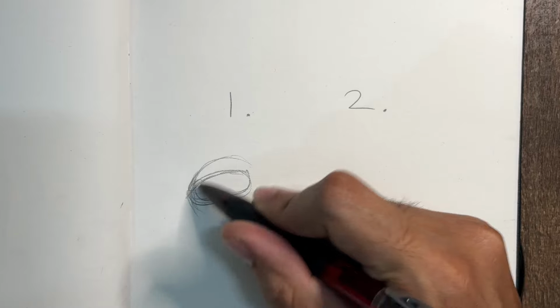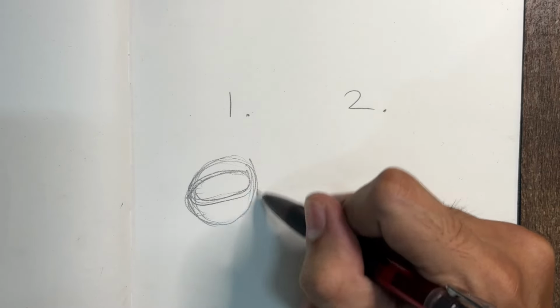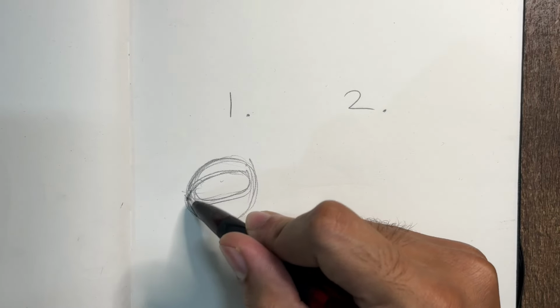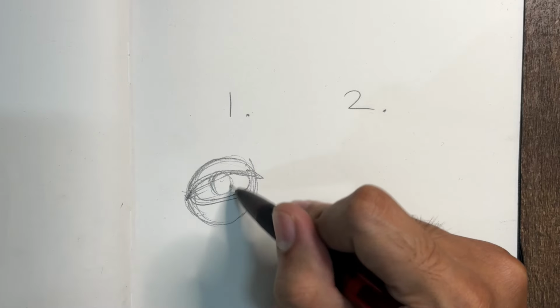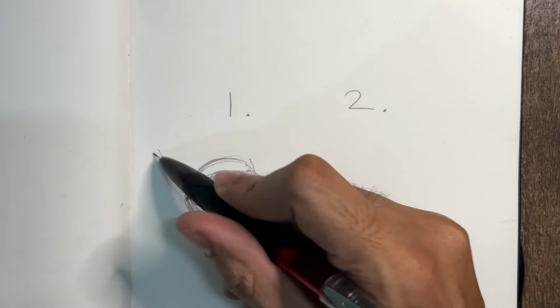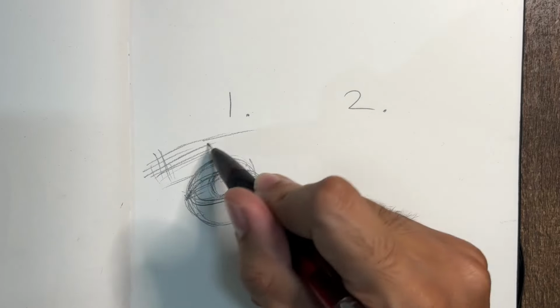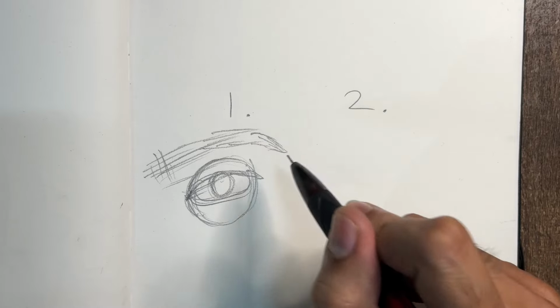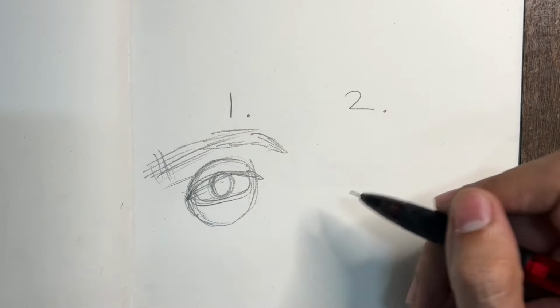So if you're drawing an eye, this would mean that you create all of the components of the eye and the surrounding area. And then you build on top of it until you get a finished result.